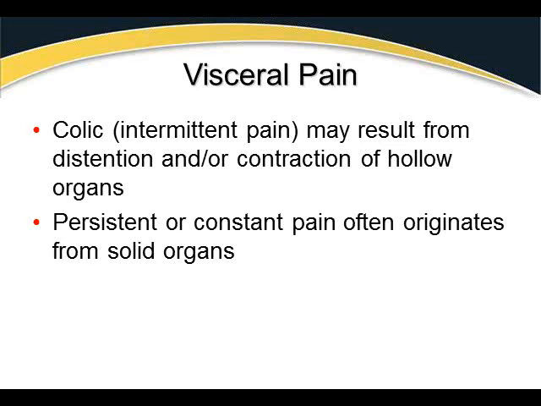If you're digesting something through your intestines, they expand a little bit as the bolus of food comes through, and then shrink down as it passes on. So you have this pain that comes as it expands and goes as it contracts. That's why you tend to have this intermittent pain in the hollow organs, whereas you'll have the persistent or constant pain in the solid organ that doesn't expand and contract.